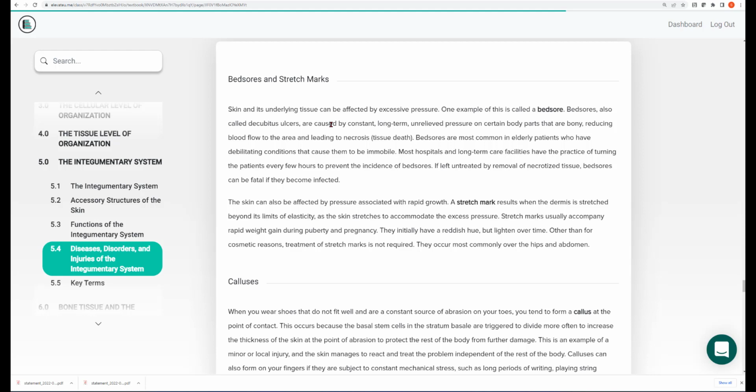So individuals who are in a hospital bed or a long-term care facility, it's very important that they are turned, that they don't just lay on certain parts of the body, because the skin gets thinner with age, and that thin skin can't handle all that constant pressure. So if you just lay on your butt all day and you don't get turned to your sides, then that area can lose blood flow, and it can lead to tissue death.